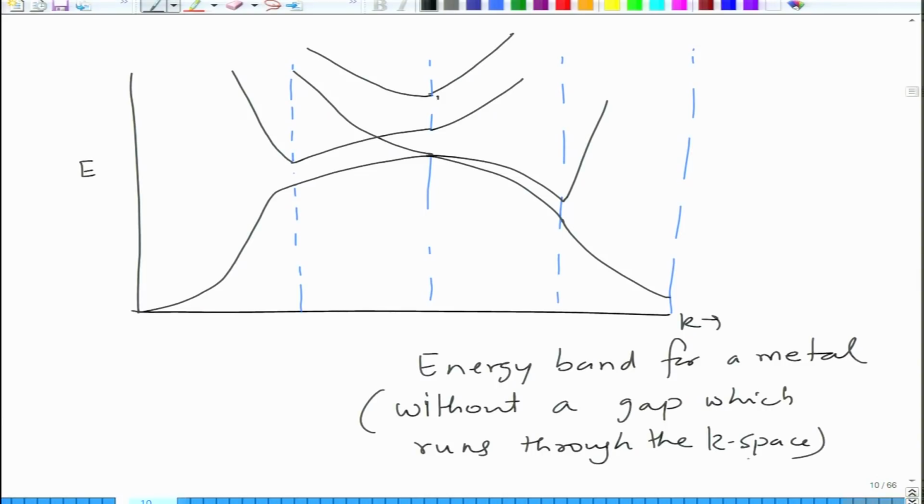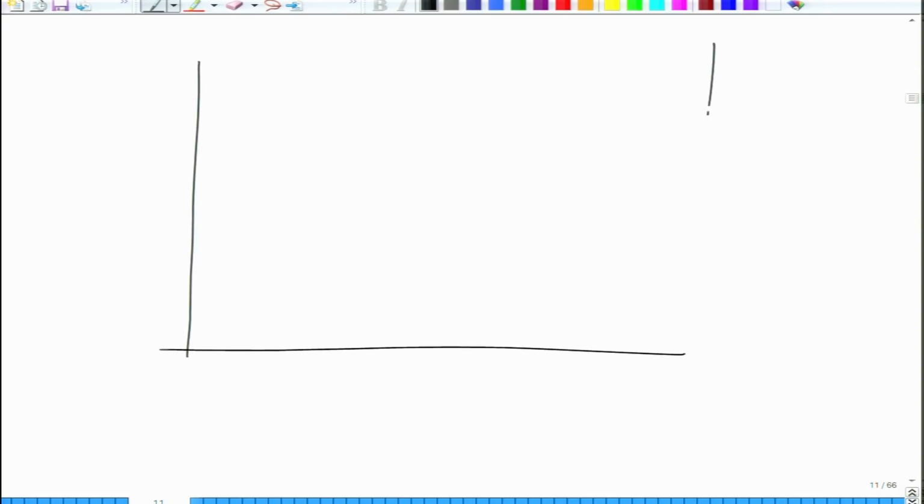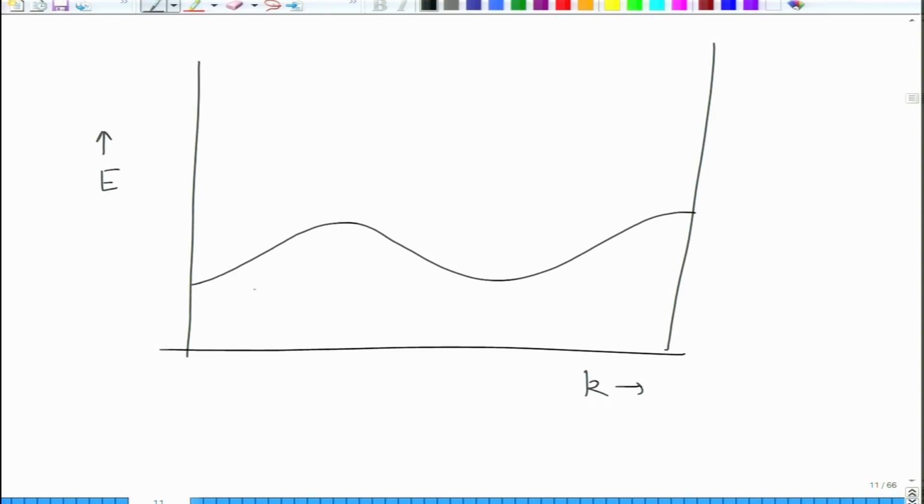On the other hand, if you look at a semiconductor, what will happen in a semiconductor is something like this, and the same will be true for the insulator also. So for a semiconductor, you will have this E as a function of K, and this E could be something like this. Okay.